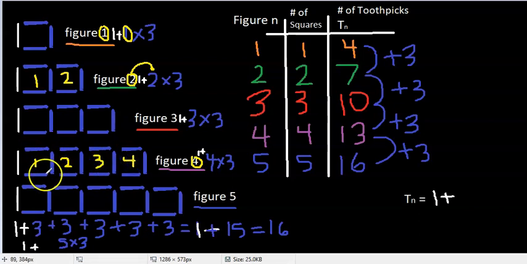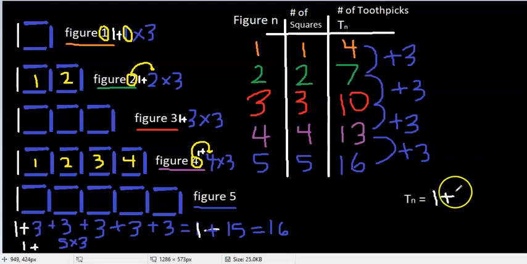So I have 1, 2, 3, 4 groups of 3 toothpicks. So 4 groups of 3 toothpicks. So it seems like my number of squares, which represents what figure I'm on, so 4 squares, figure 4, is the same as the groups of 3 toothpicks that I add in order to have that train number of squares.